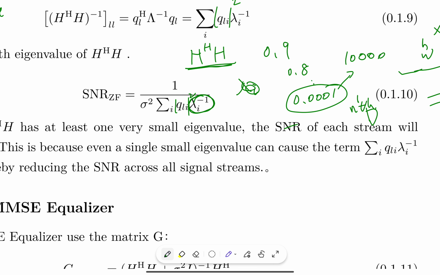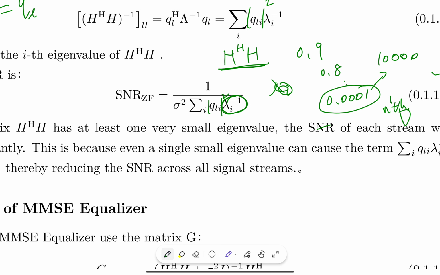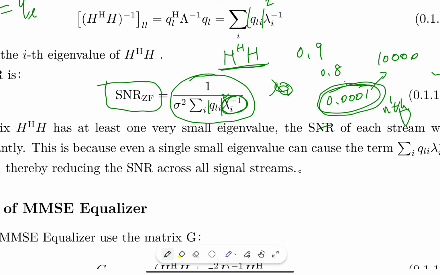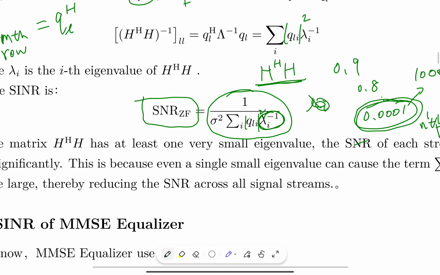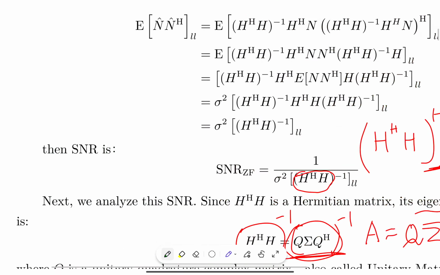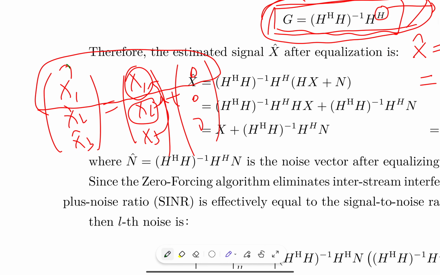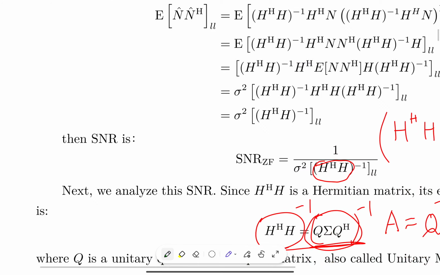So even if there is only one very small eigenvalue, the final SNR will be very small for all the streams. For each signal recovered, we get a very low SNR.